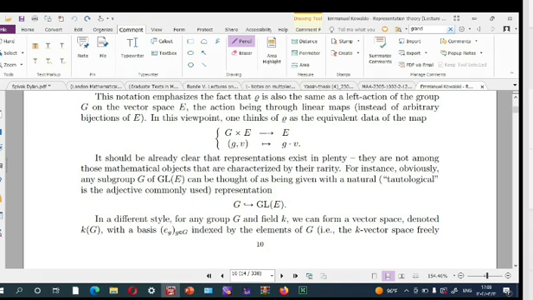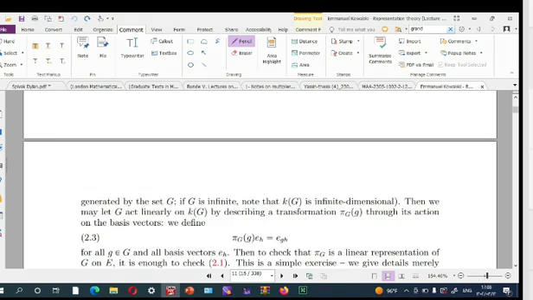For example, we can fix a vector such as V, then we can map any G to rho of G. Any G maps to rho of G. Okay.